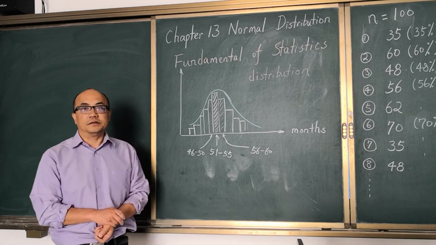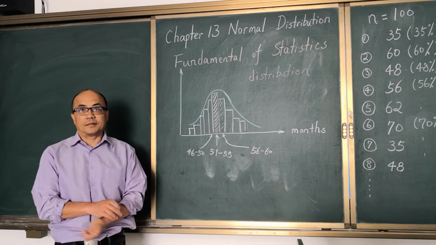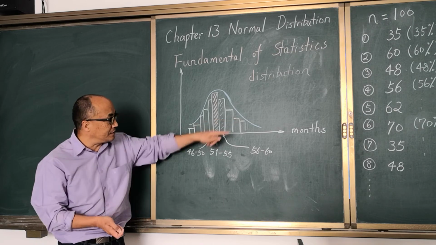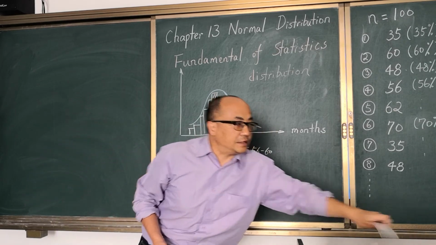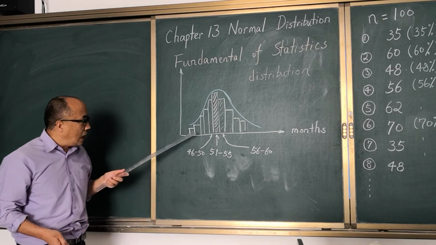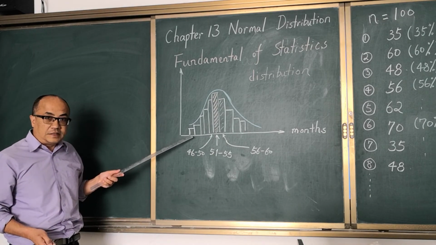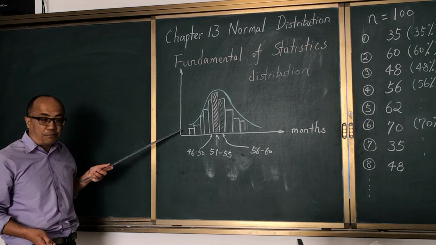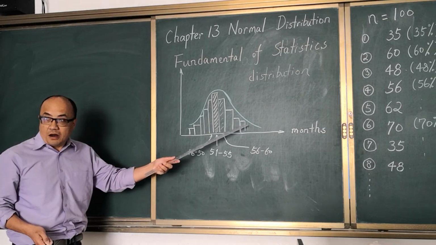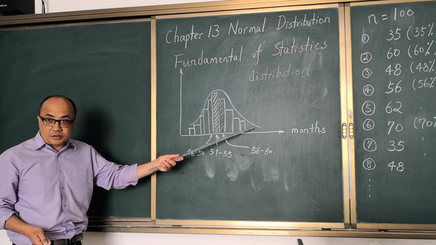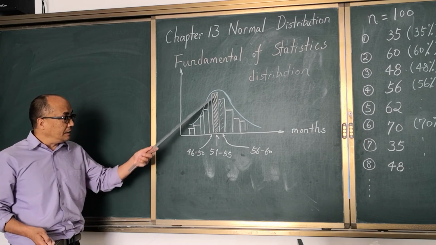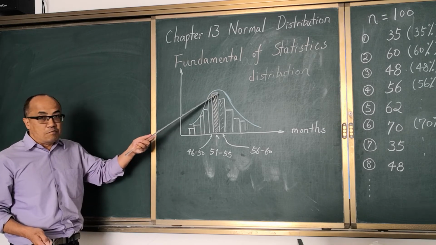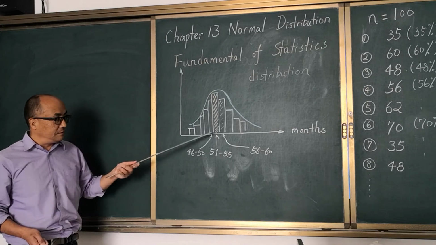Some live longer, maybe 70 months, but their number is small. Those who passed away sooner, their number is small. Those who live longer, their number is also small. Most live in these months.